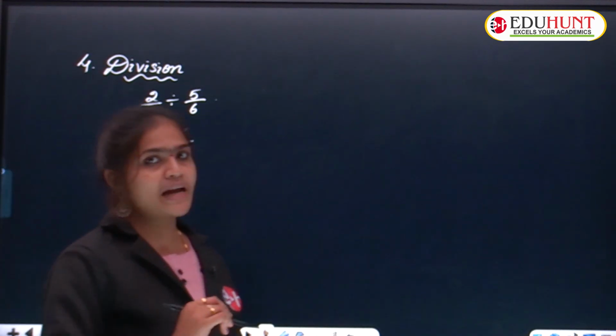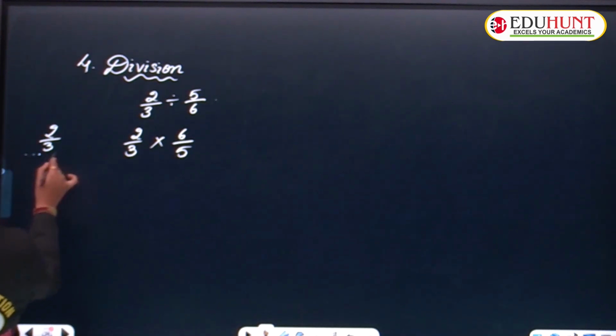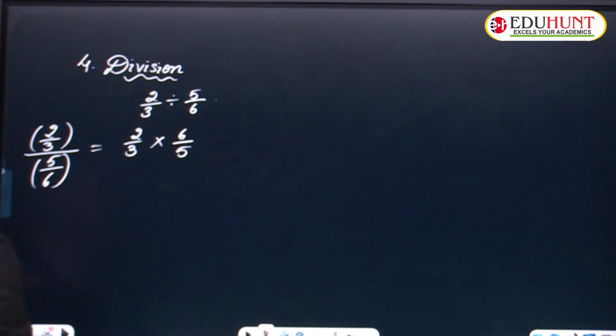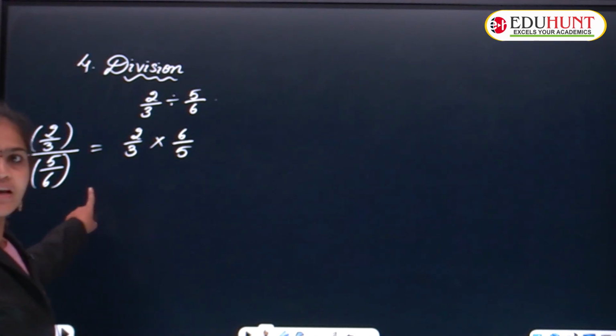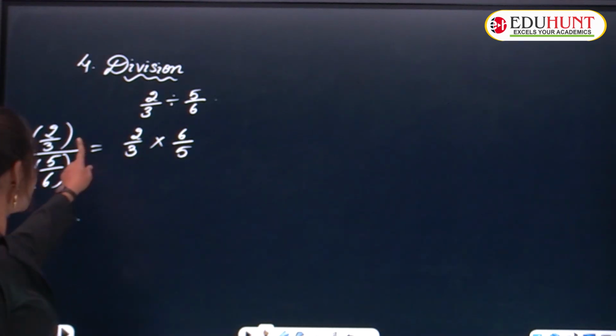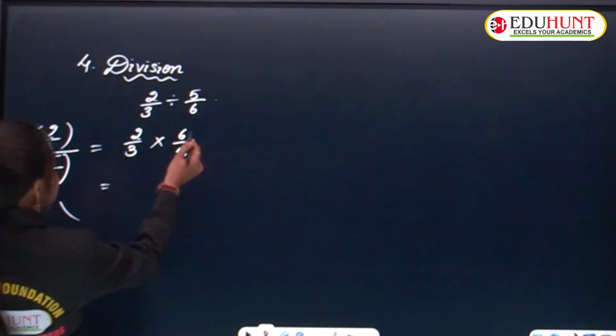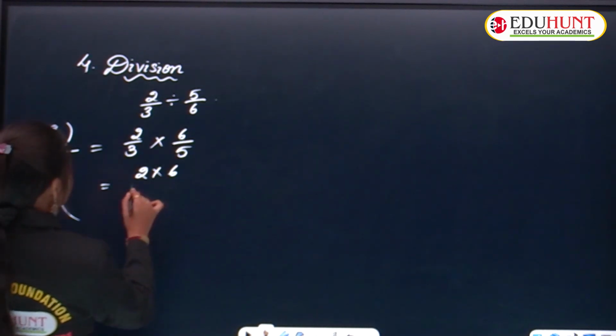We learnt in the fractions topic, no? Why? Because here it is 2 by 3 whole by 5 by 6. Understood, ma? In the denominator, if you have a fraction, then the fraction becomes a reciprocal and division becomes multiplication. Okay. Now again the same process, just multiplication only.